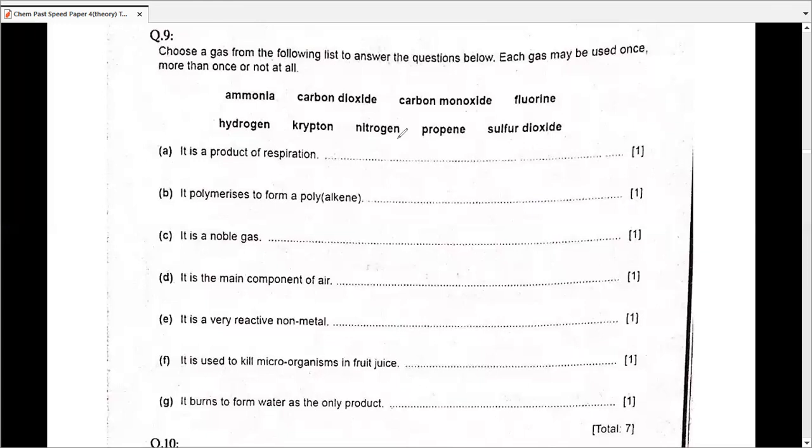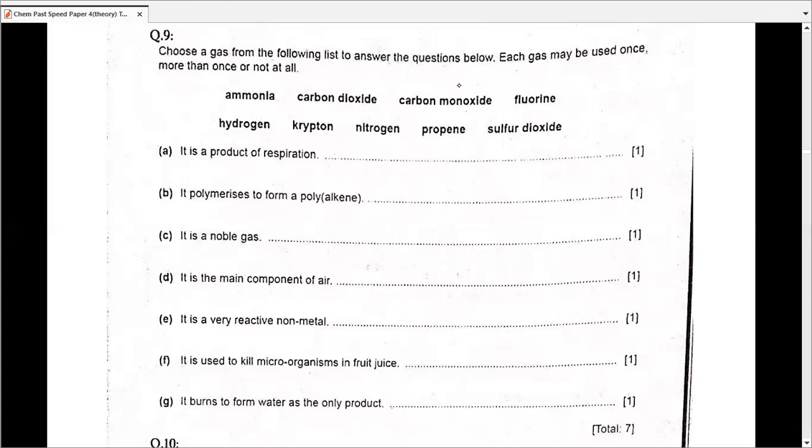So I'm going to fill it out for you. And you go ahead to solve G part. Last one is this question. And G is actually from chapter number 1. It would be hydrogen. Good. F is sulfur dioxide, G is hydrogen.